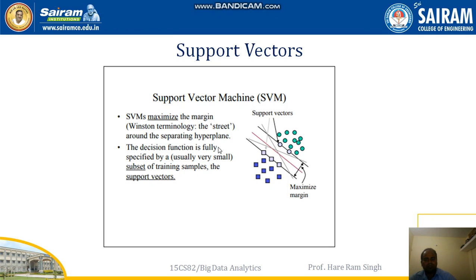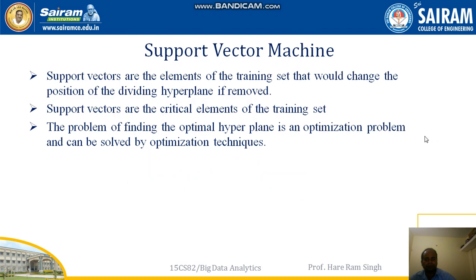The decision function is fully specified by a subset of training samples, the support vectors. Support vectors are the elements of the training set that would change the position of the dividing hyperplane if removed.